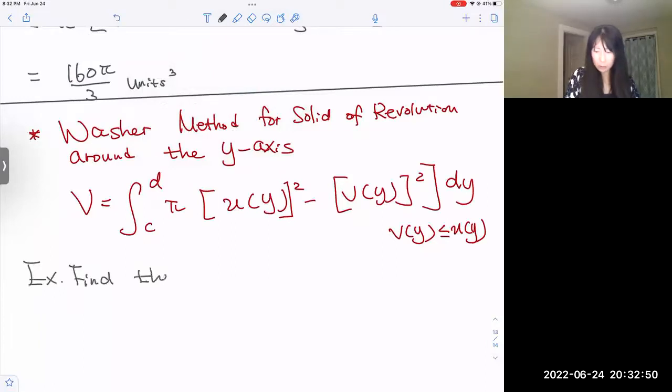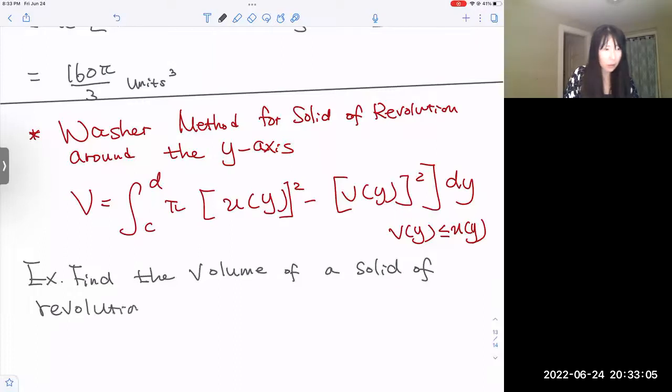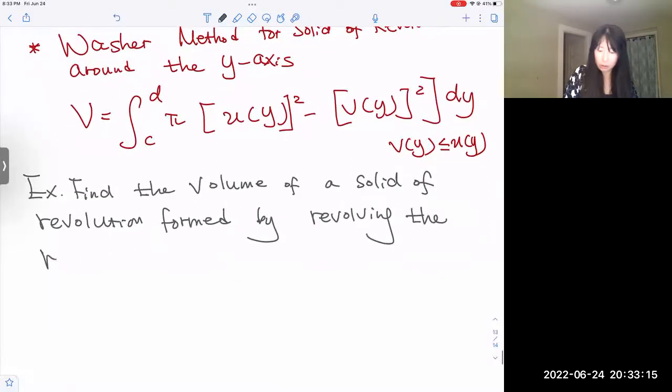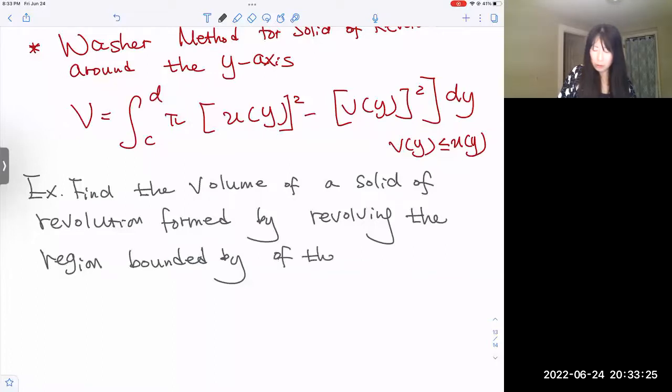Find the volume of the solid of revolution formed by revolving the region bounded by the equations.